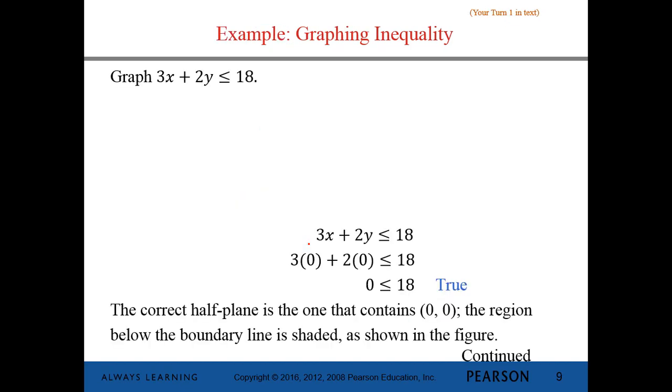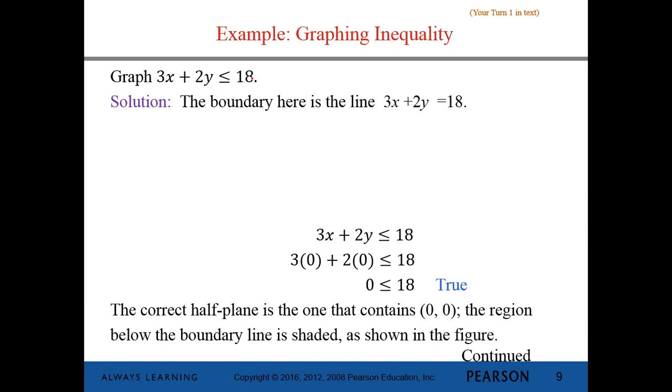So let's look at this. Oh, this didn't work out very well. Anyway, let's graph this inequality. The first thing we're going to do is look at what it looks like as far as the boundary line.